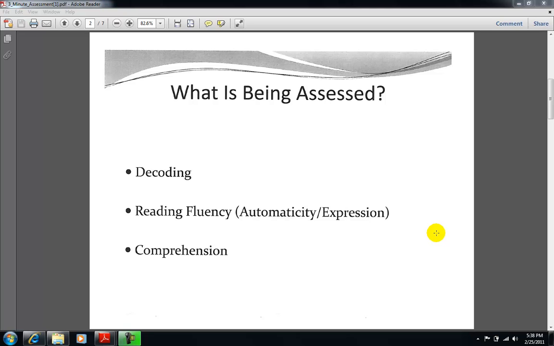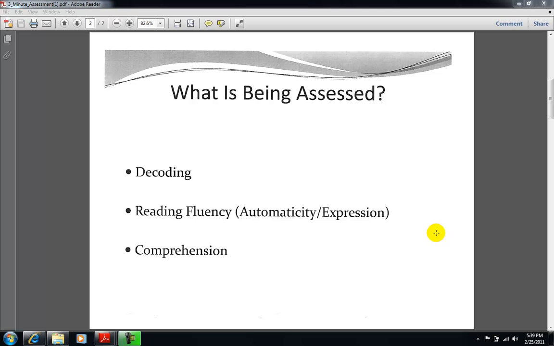We're looking at accuracy, reading at a reasonable rate and automaticity, as well as reading with expression. We know that students who read with more expression orally tend to do that while they're reading silently, meaning that they're paying attention to punctuation and how punctuation influences how they comprehend what they are reading.